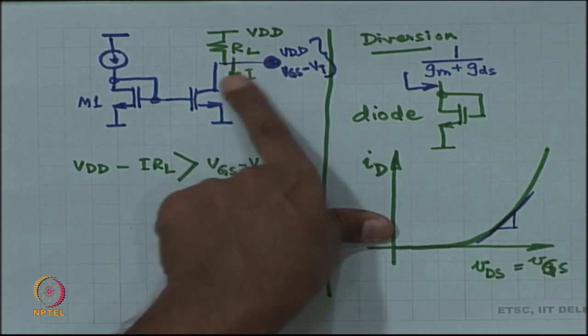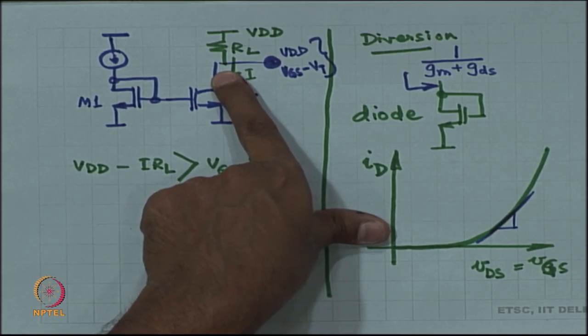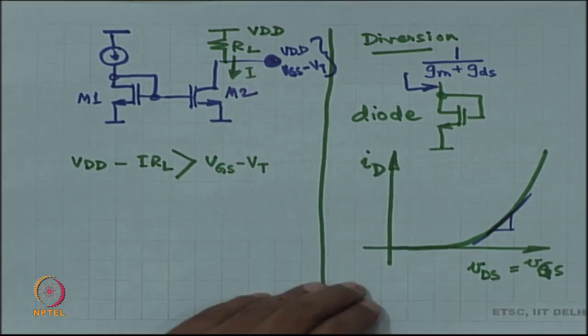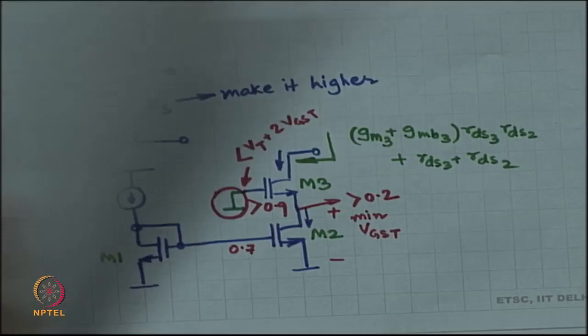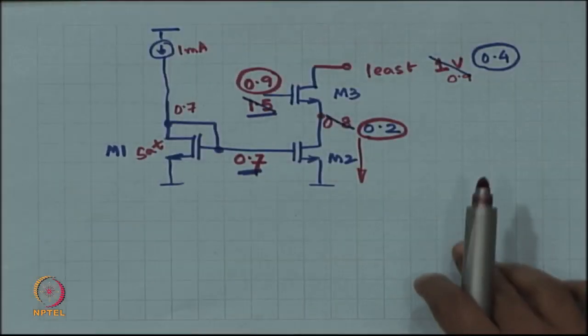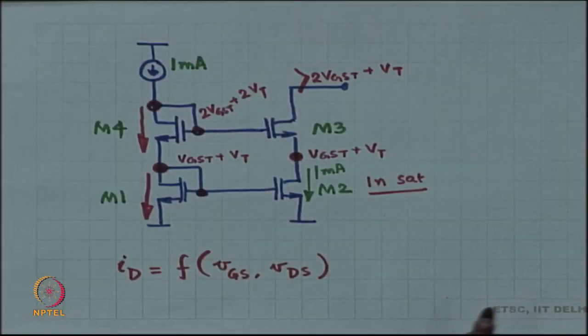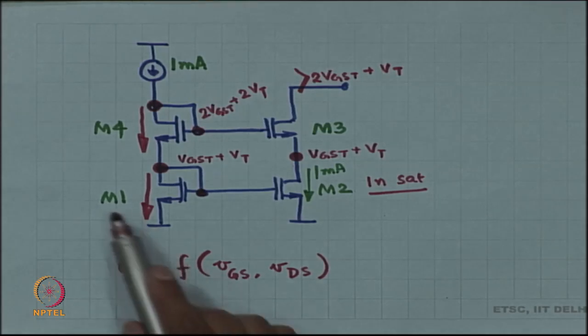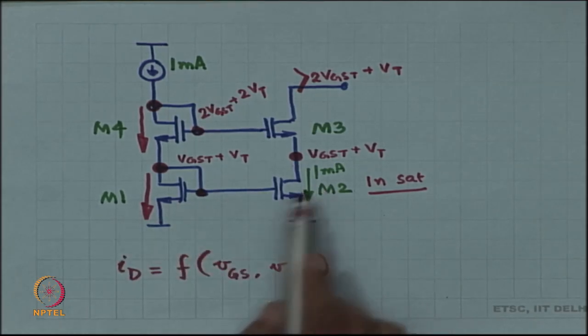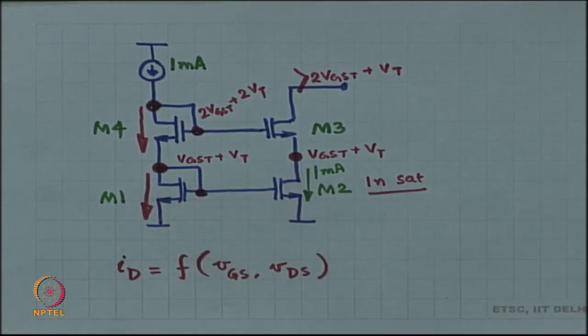So VDS is totally different, which means that the current will have a lot of error. Whereas in this case, in both M1 and M2, VGS and VDS are identical, and therefore the current is going to be exactly, precisely equal. All right, is this understood? So this is also a very nice feature.